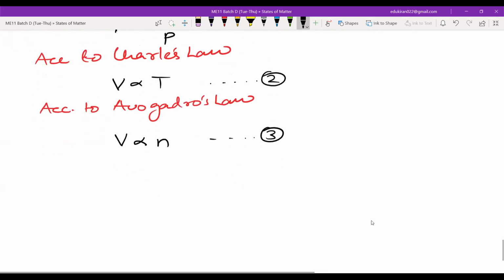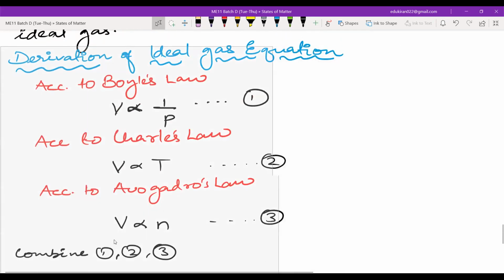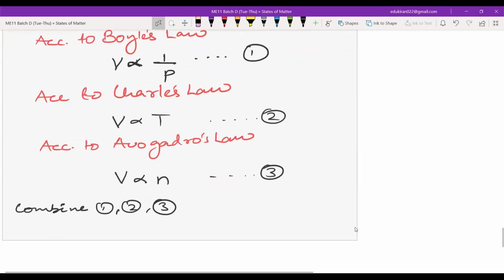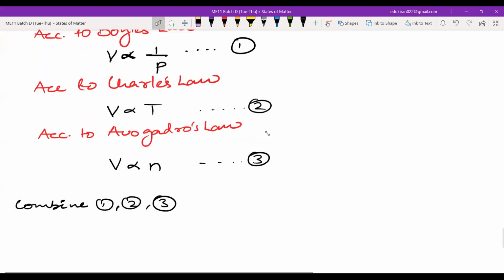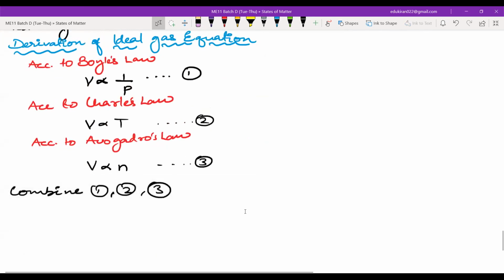Now what we will do, we will combine these three: 1, 2, 3. So you will get that volume is directly proportional to number of moles and temperature, and it is inversely proportional to the pressure.